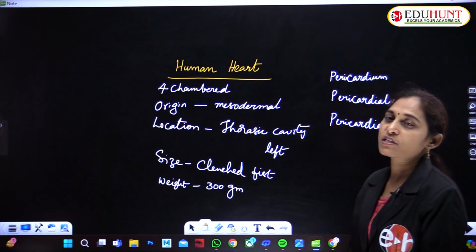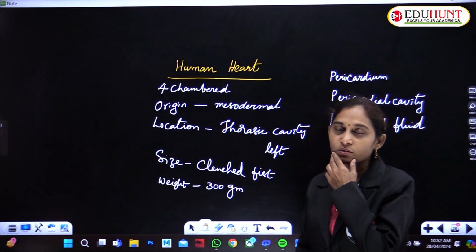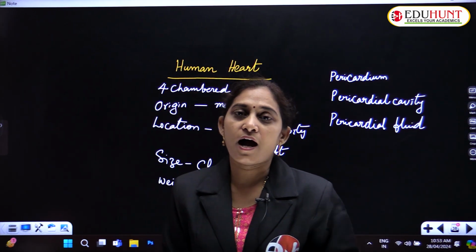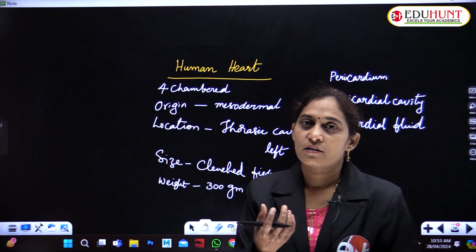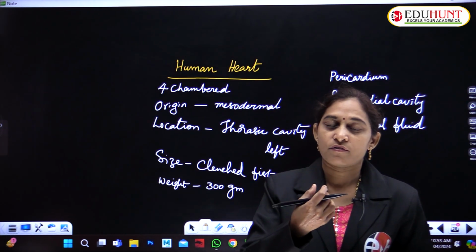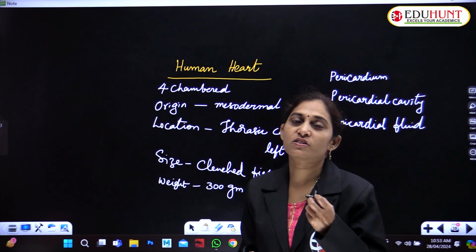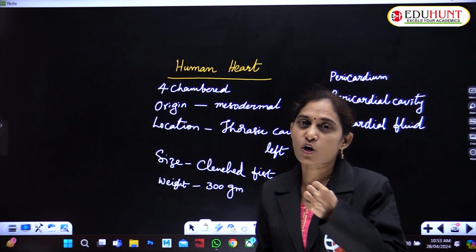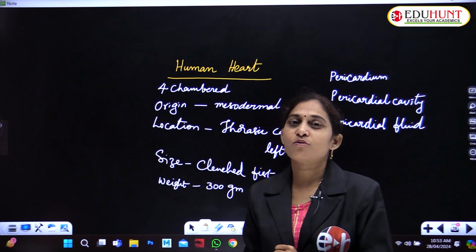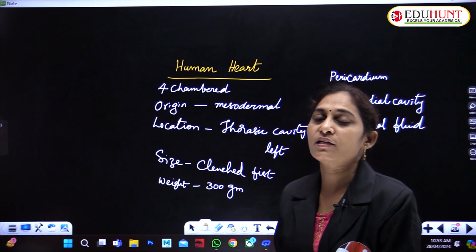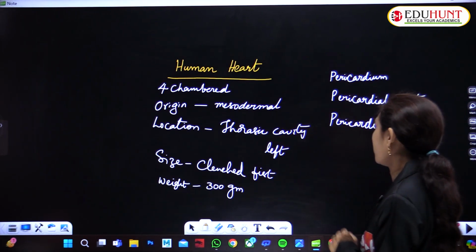What is the function of this fluid? It protects the heart from external shocks or from friction. It protects from friction. It works like a shock absorber. It reduces the friction, that is, it reduces the pressure on the heart and reduces friction.